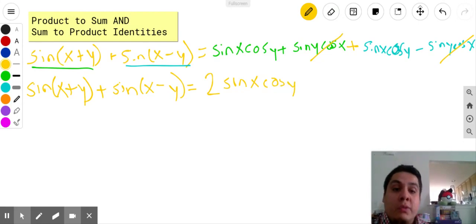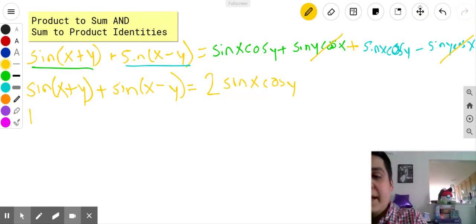And so this is where the product comes in. The product of a sine of an angle times cosine of another angle, could be the same, could be different, is going to be twice what I would get from adding sine of x plus y and sine of x minus y.